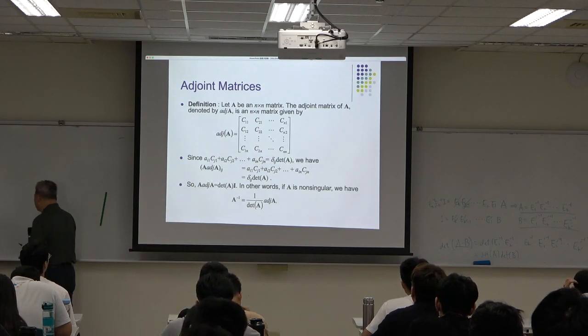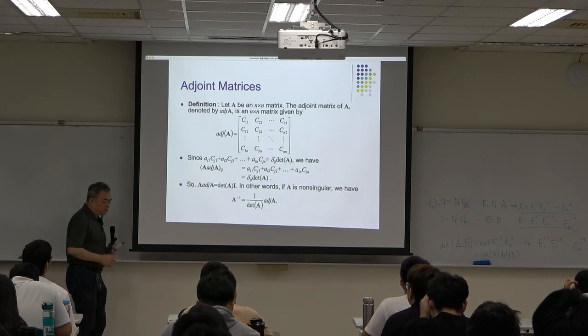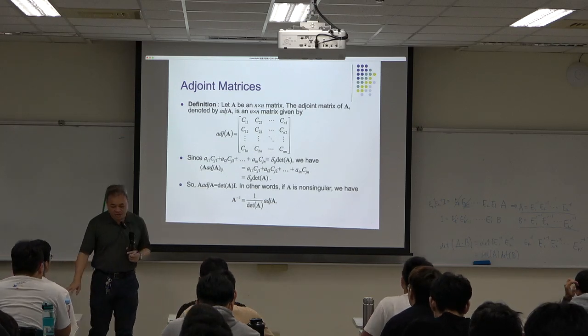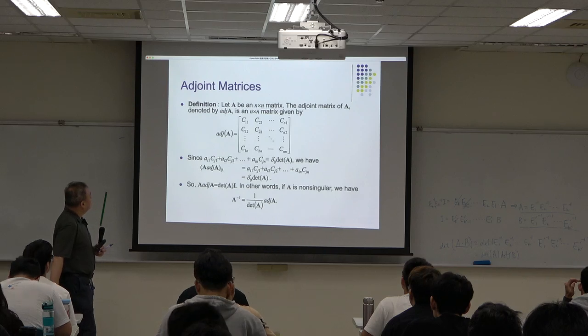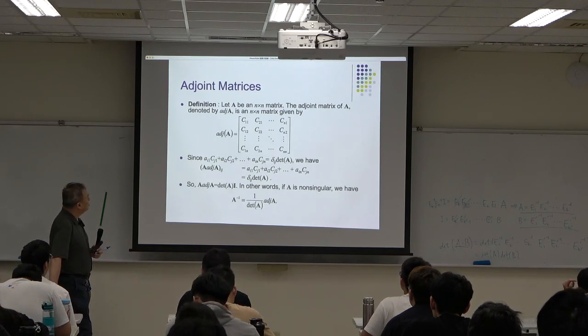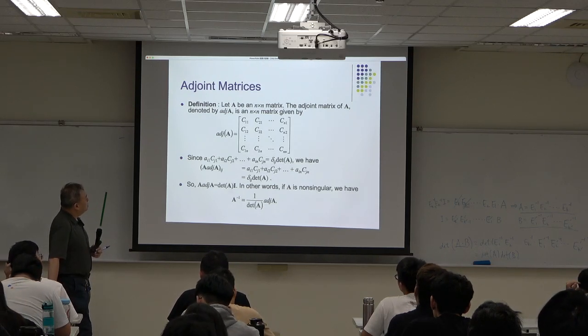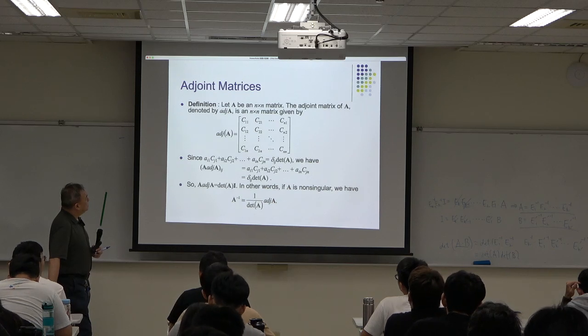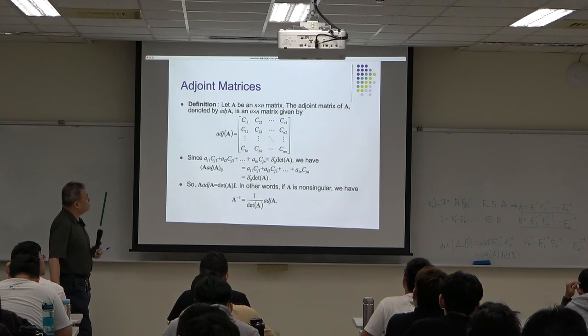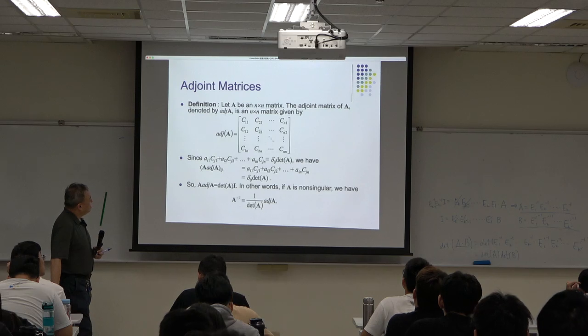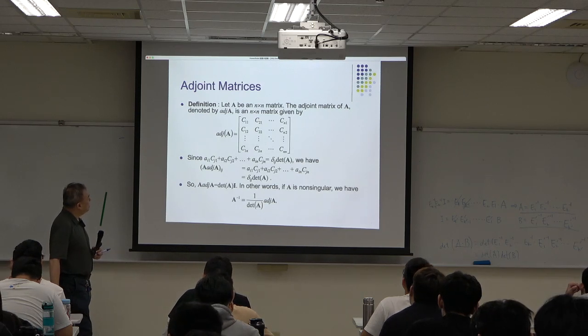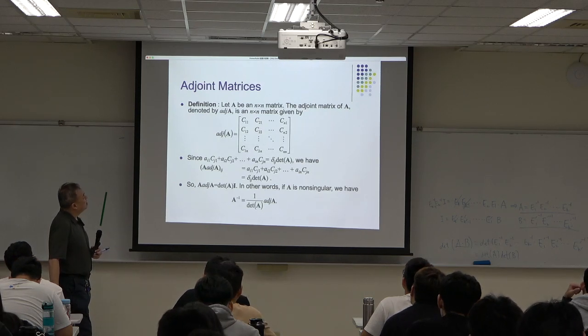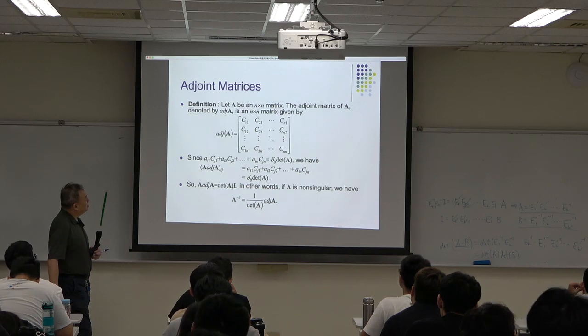So before we discuss Cramer's rule, the first thing we need to discuss is the adjoint matrices. What is an adjoint matrix? Let A be an n times n matrix. The adjoint matrix of A, denoted by adj A, is an n times n matrix given by this.